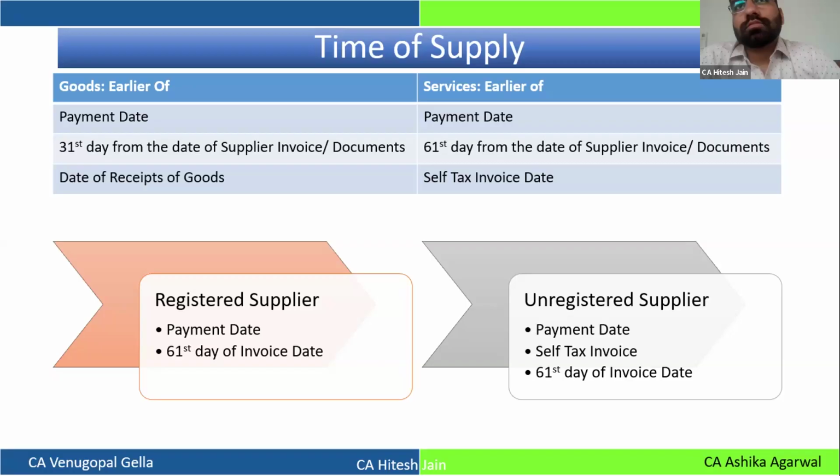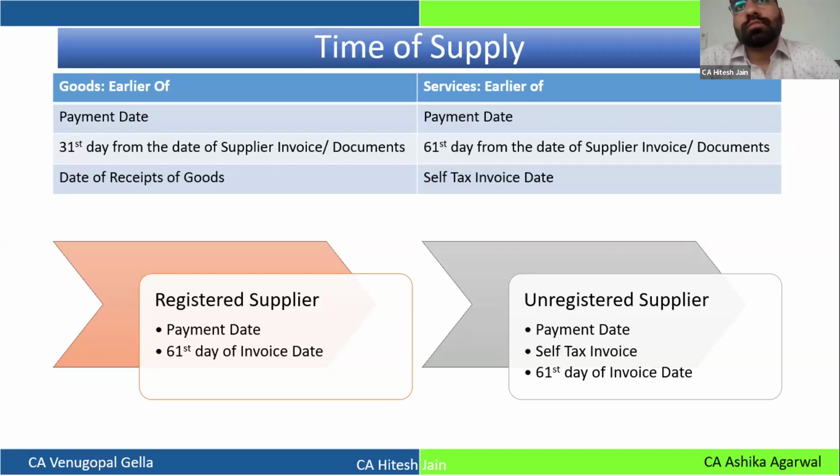That's the reason, for ease of discussion, we have divided this into registered and unregistered. Because in case of registered, there will be no self-tax invoice. Therefore, only first 2 points will come: payment date and 61st date. But in case of unregistered supplier, there will be all the 3 points.